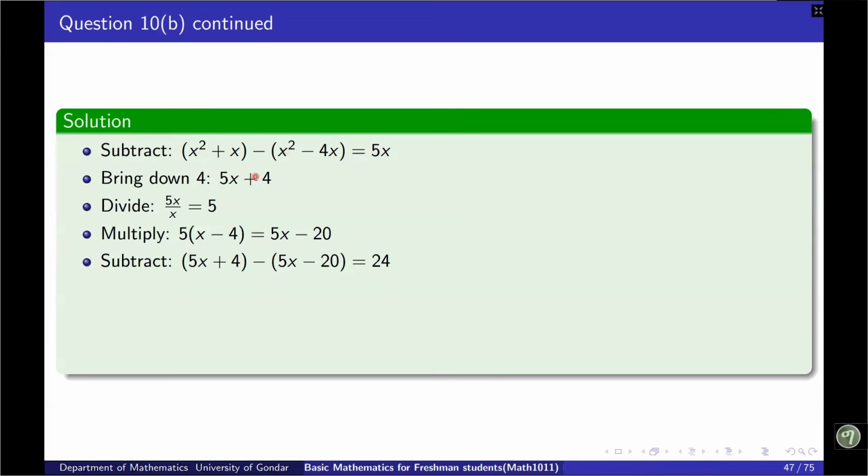The difference is 24, which is exactly the remainder, a constant. Therefore the quotient is 2x squared plus x plus 5, and the remainder is 24. This is the answer for this question.